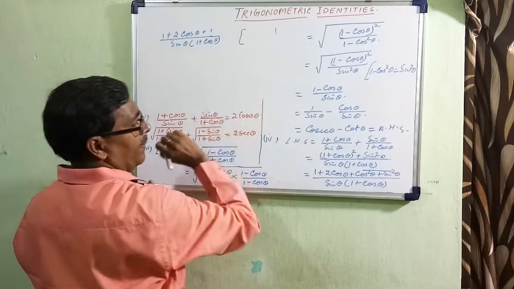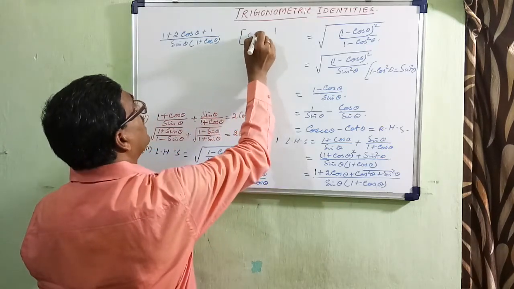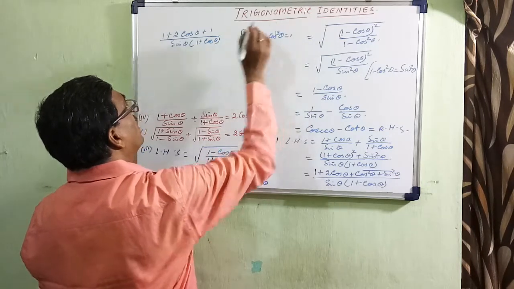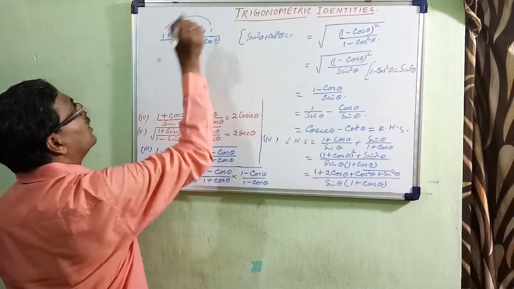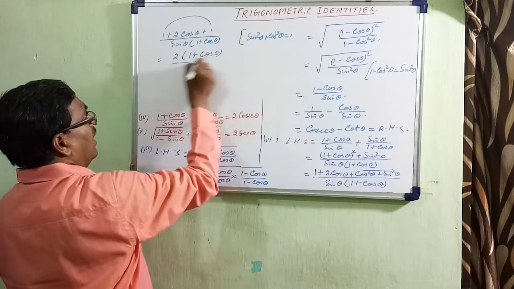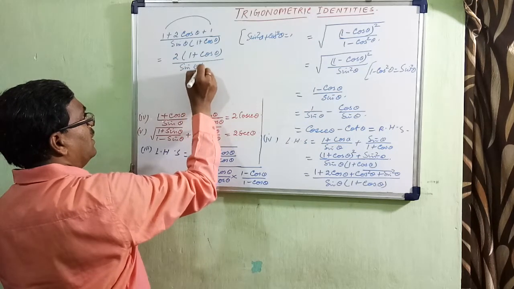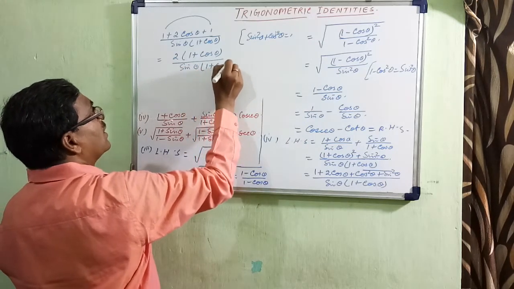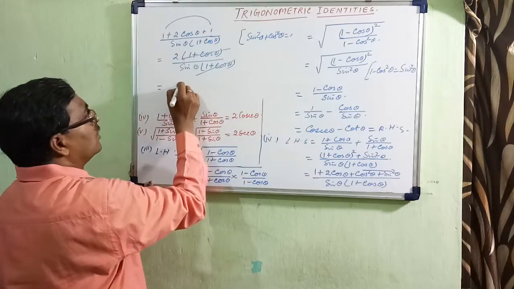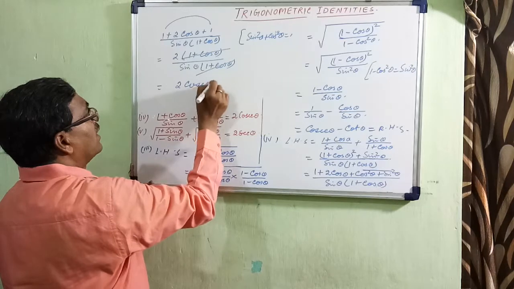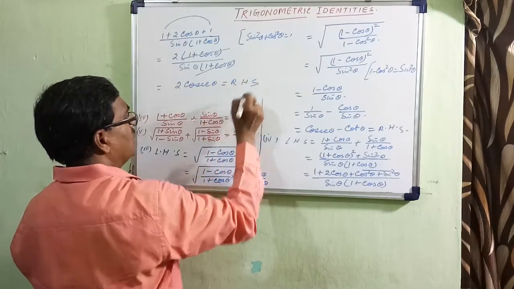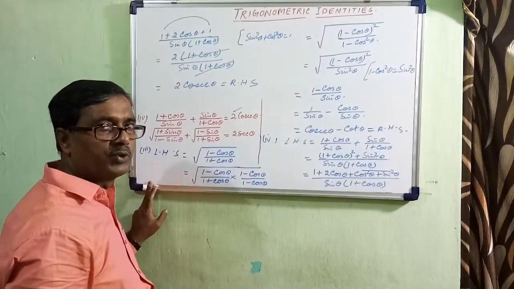Here you can say that sin^2 theta plus cos^2 theta is equal to 1. So 1 plus 1, 2 is common, (1 plus cos theta) over sin theta into (1 plus cos theta). This is cancelled and that is equal to 2 by sin theta, which is 2 cosec theta, and that is equal to RHS.